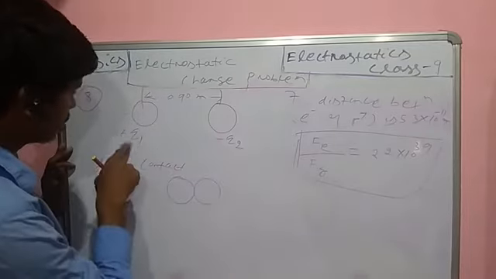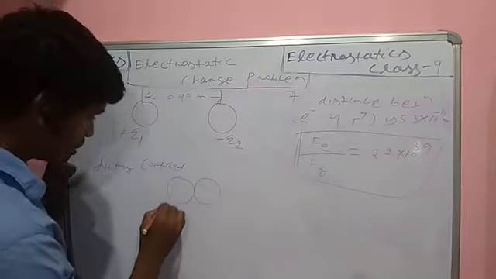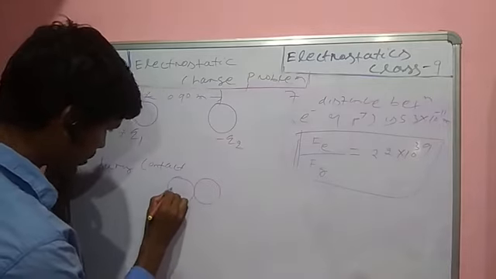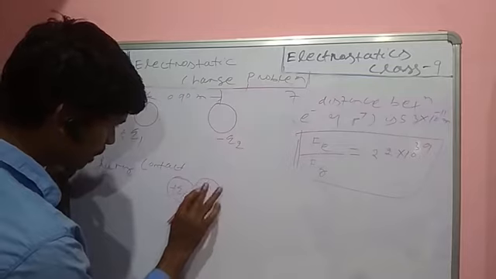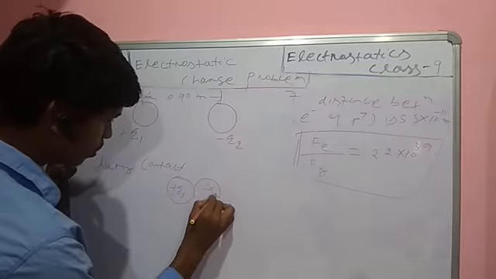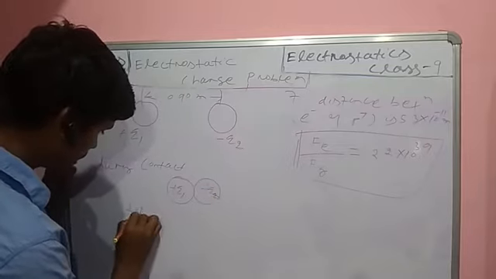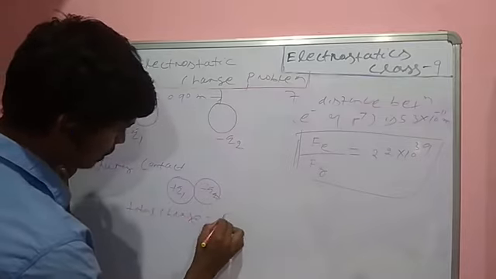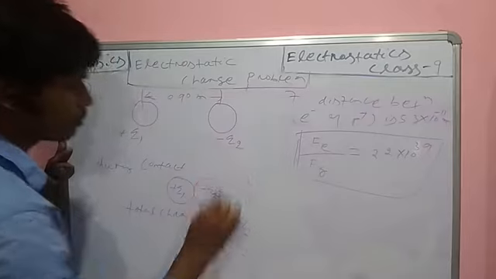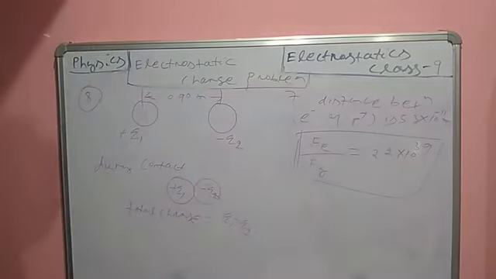Whenever they come in contact, the total charge is Q1 minus Q2.